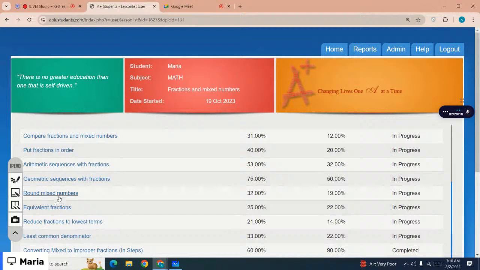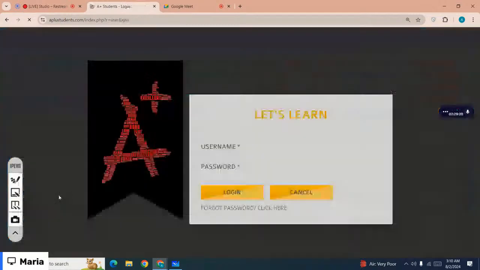Okay, let's just start with the lesson on the chapter fractions and mixed numbers. Let's just start with the lesson that is round mixed numbers.